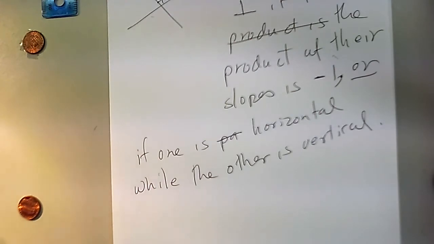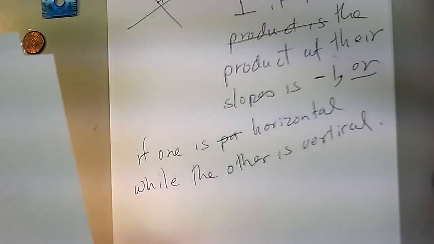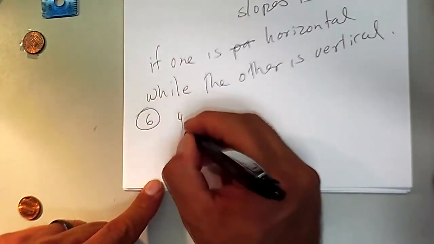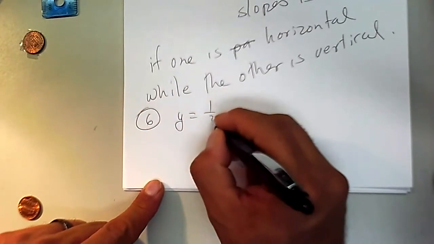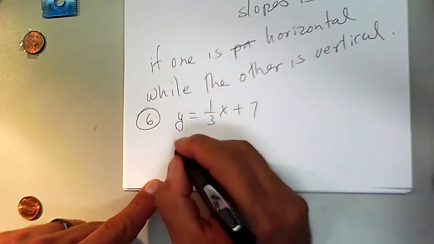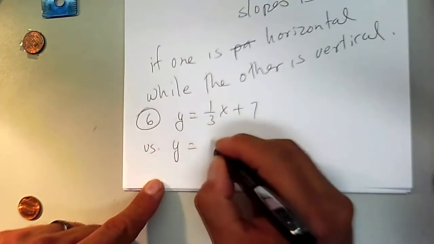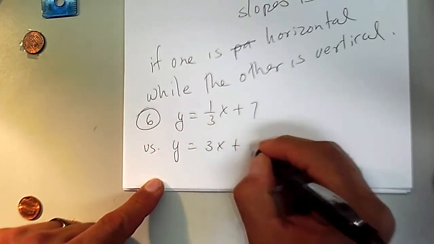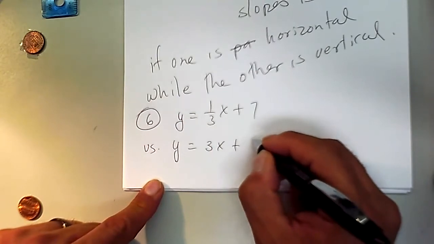So let me just keep track of the example numbers. The last example was 5. So example 6: y equals 1/3 x plus 7, versus y equals 3x plus 13.